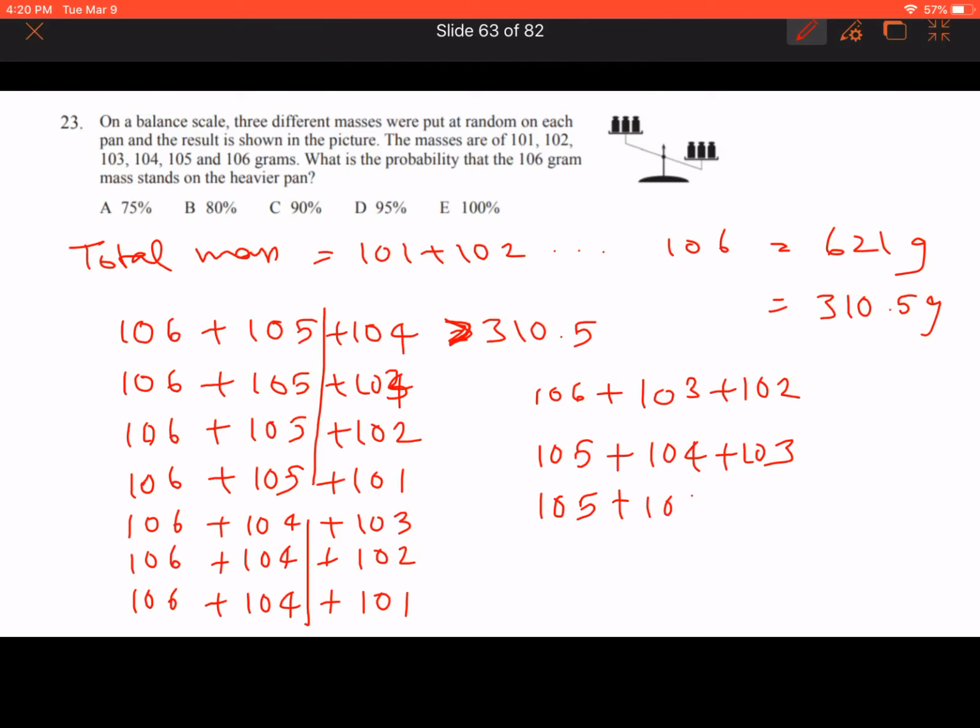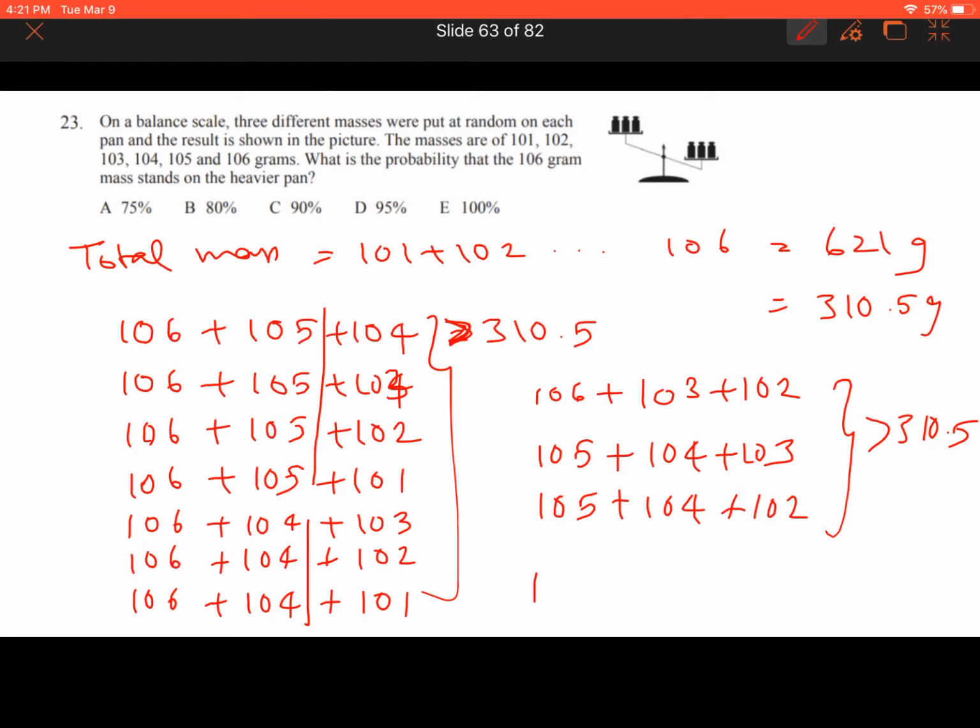See, all these combinations are going to be greater than 310.5. So there are 1 2 3 4 5 6 7 8 9 10, so 10 combinations.